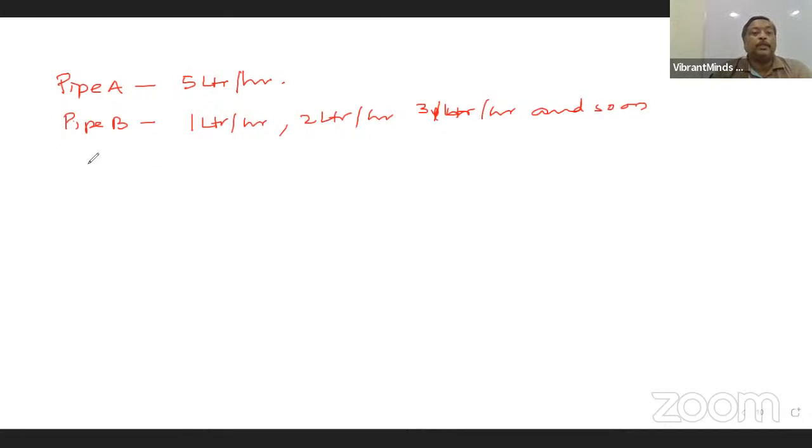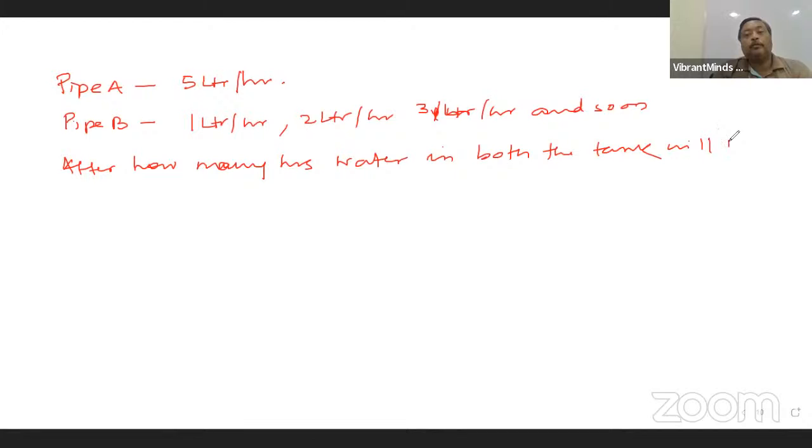Now, the question says, after how many hours will the volume of water in both the tanks be equal? Clear? Now understand. Let's say in X hours both will be equal.